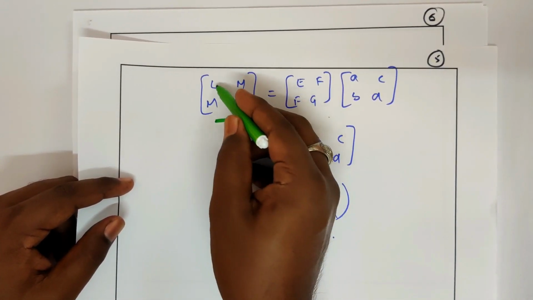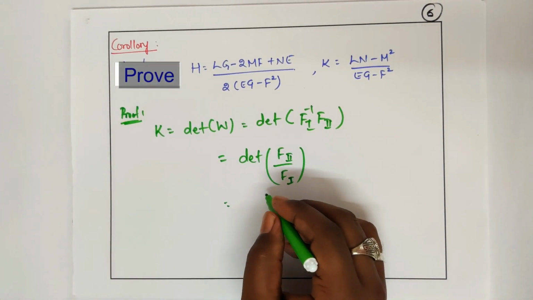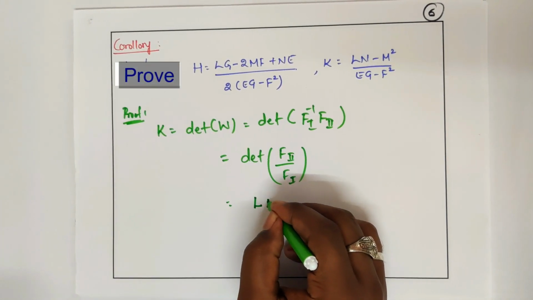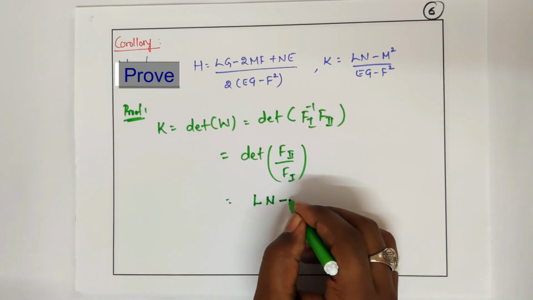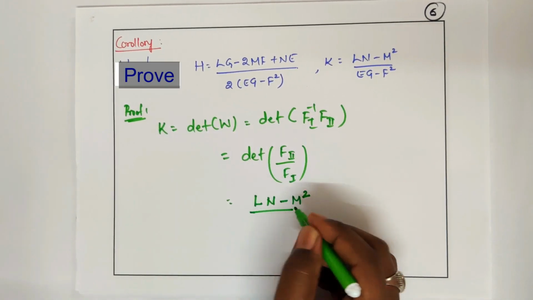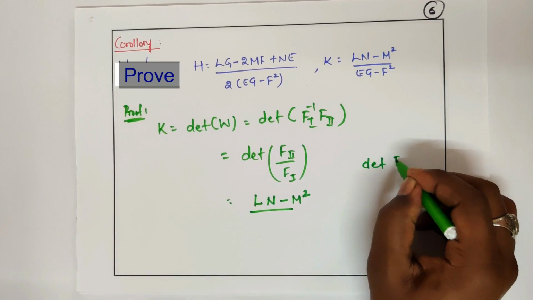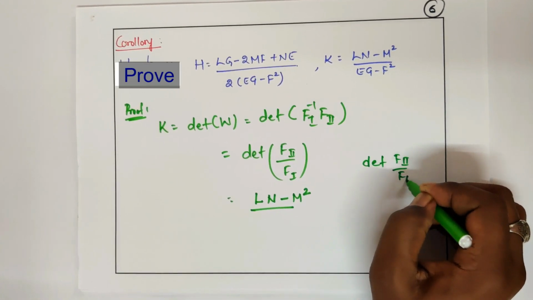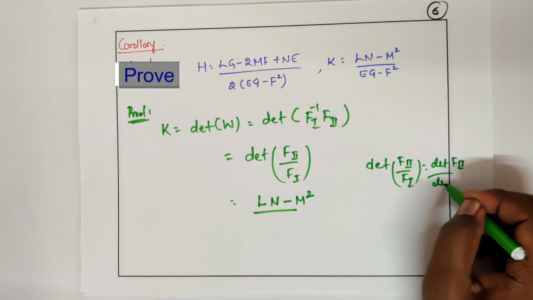So the determinant of this is nothing but Ln minus m square. So the determinant of F2 what we got was Ln minus m square, divided by the determinant of F1, because here we are using the property that determinant of F2 by F1 is equal to determinant of F2 divided by determinant of F1.